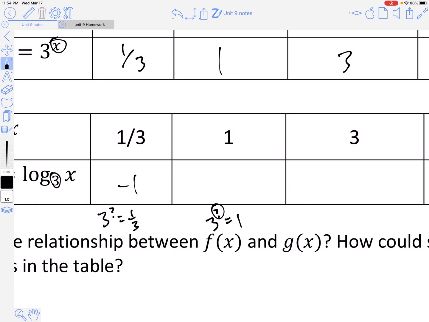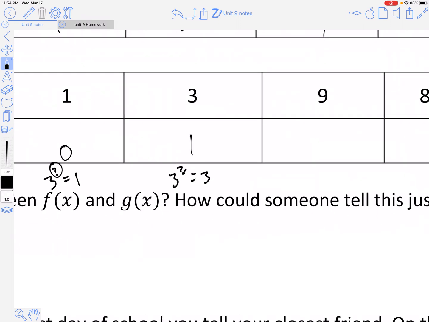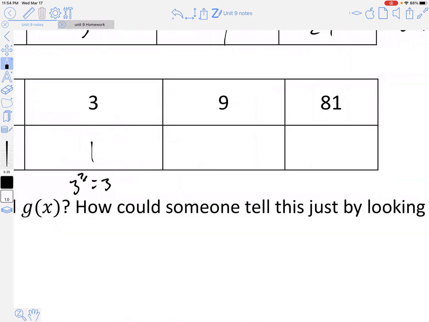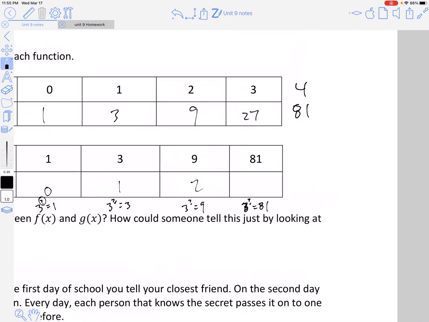What was it? 0. 3 had an exponent that's supposed to be a question mark that equaled 3. Well, it was 1 then, right? 3 to the 1 equals 3. 3 had an exponent that gave us 9. It's 2. 3 had an exponent that gave us 81. What was that exponent? Well, seems like it was 4, right?